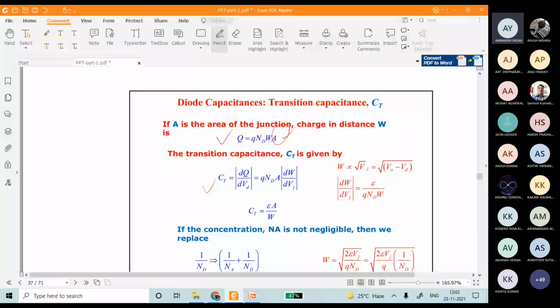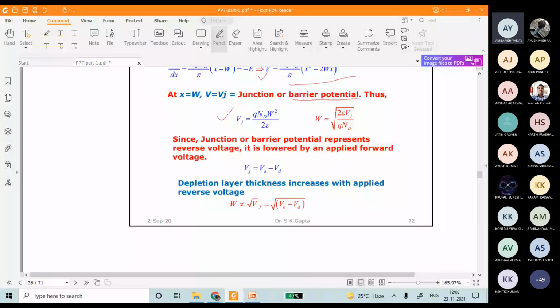In the dQ by dV, we get this quantity dW by dVj, because we have already discussed that the depletion width W changes with Vj, the junction barrier. The junction barrier relation one has derived here like this. So one can try to find out from here dW by dVj.